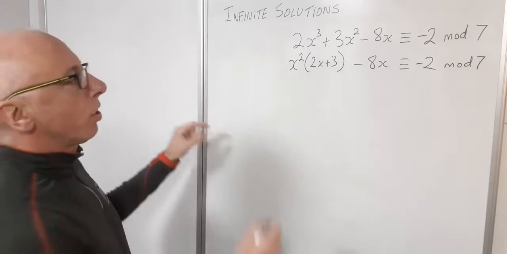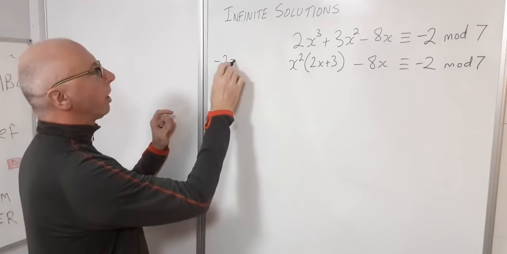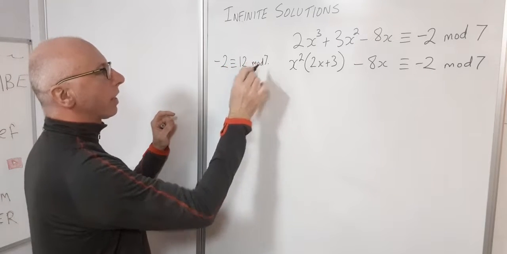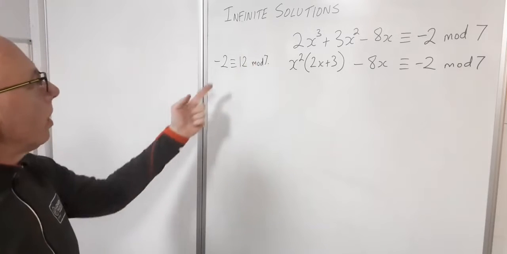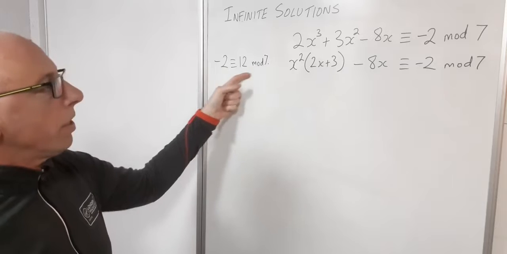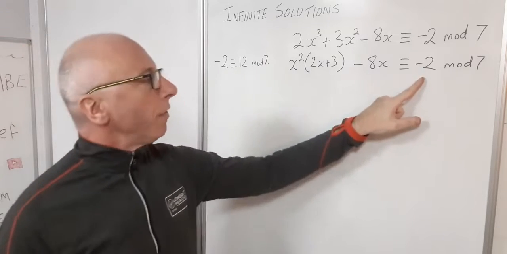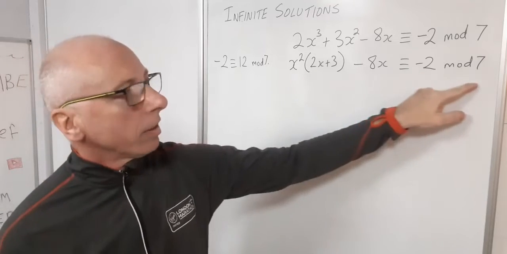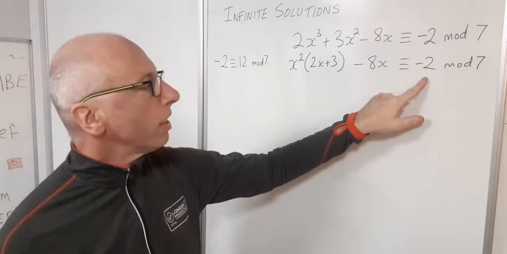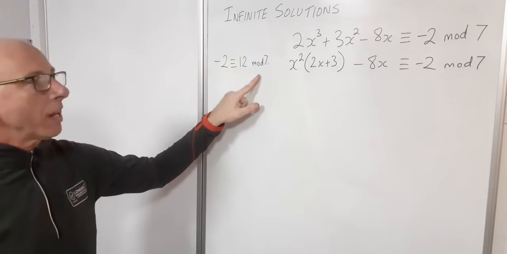So minus 2, we need a number, hopefully 12, is congruent mod 7. If that's the case, then all is good. Well, 12 minus minus 2 is 14, so I know that this congruence is good. So I'm not going to affect any equation here at all, or the values of my x, if I turn this into a 12, because minus 2 is congruent with 12 mod 7.